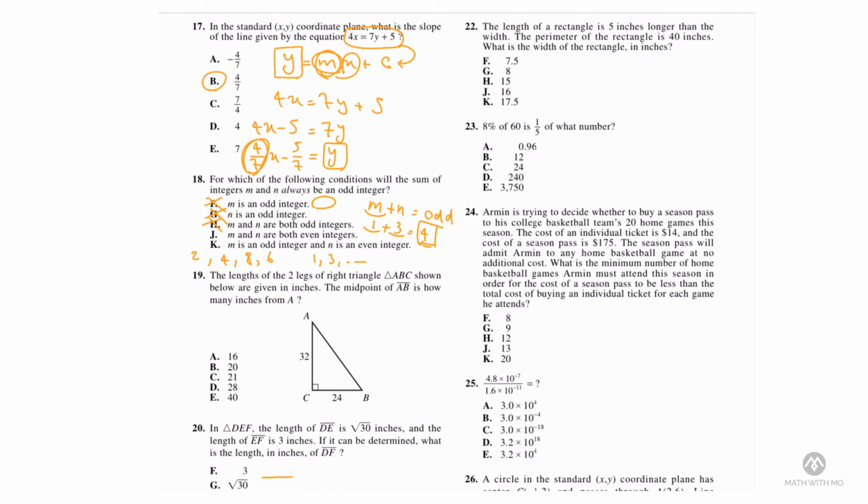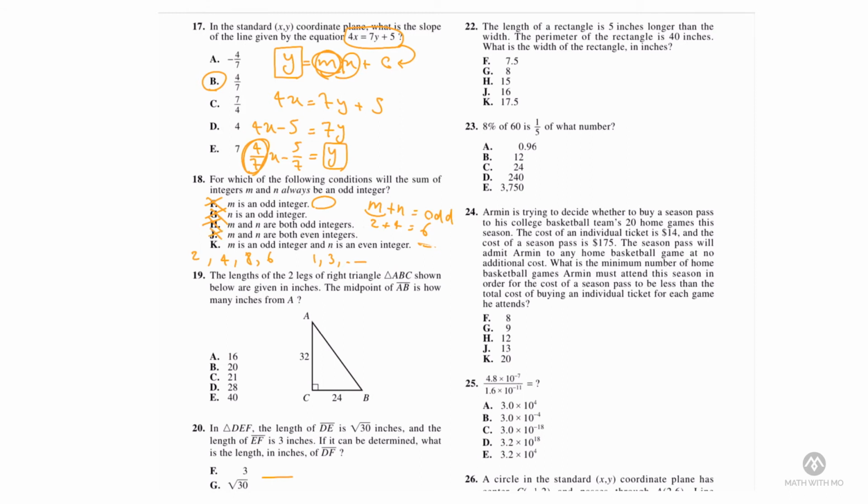J, m and n are both even. Let's see if that's the answer. Let's say m is 2, n is 4. It is 6, an even integer. Even plus even is even, so it's not the answer.